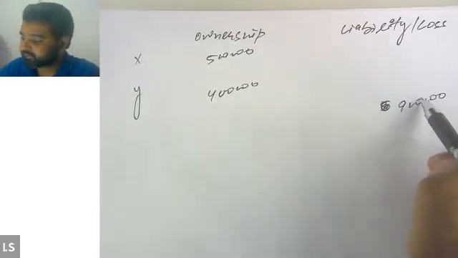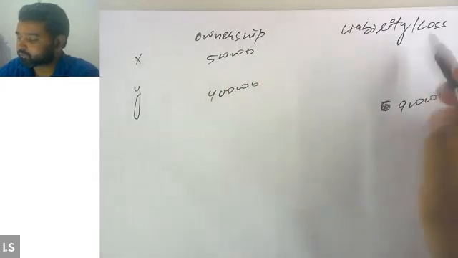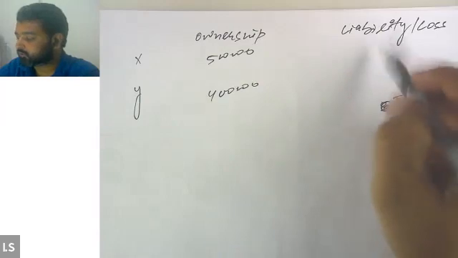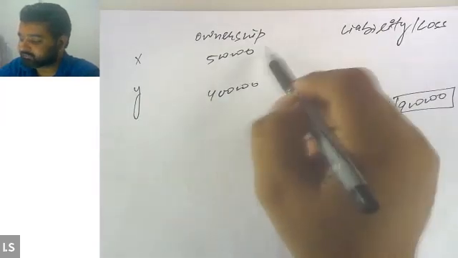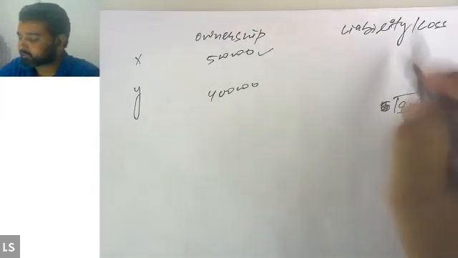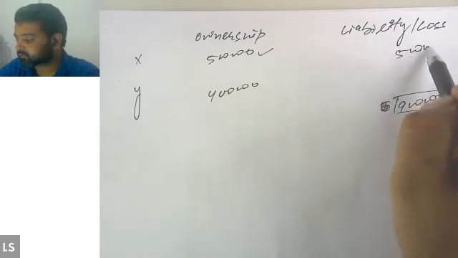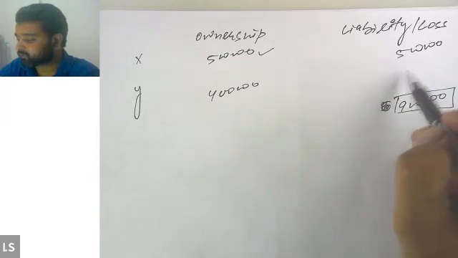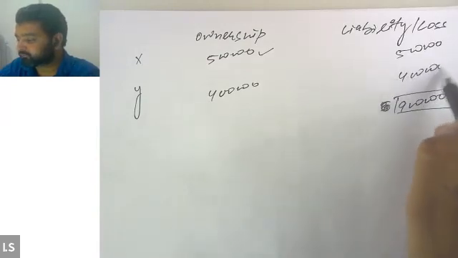So this loss will be divided among the owners. Mr. X will bear the loss to the extent of his stake in the firm, up to rupees 5 lakh, and Mr. Y will bear the loss up to rupees 4 lakh, right?